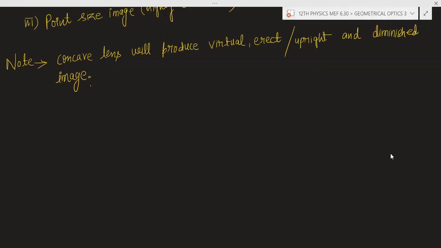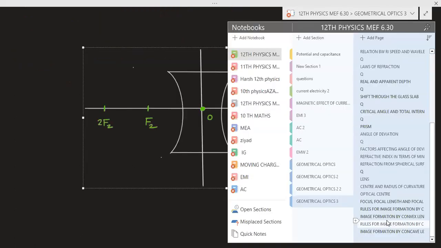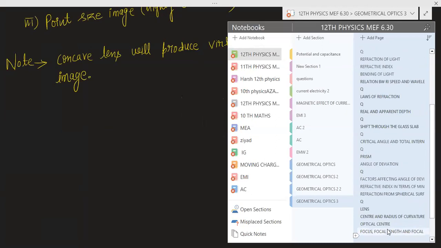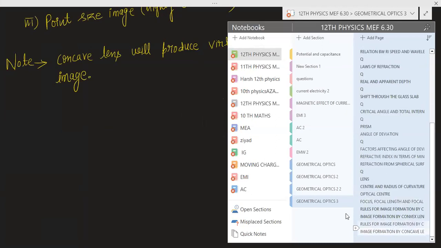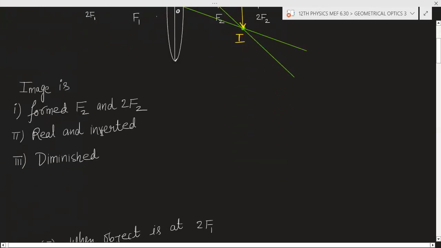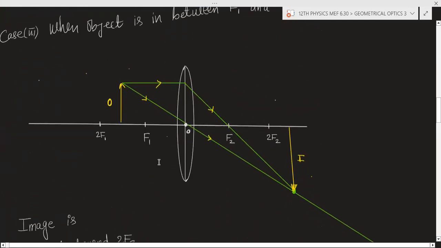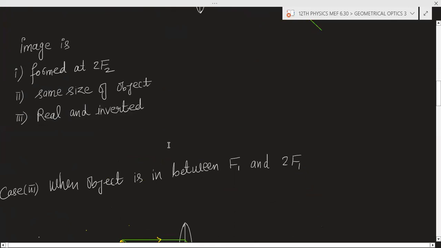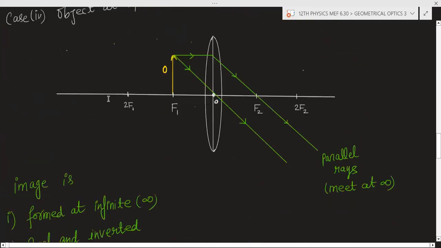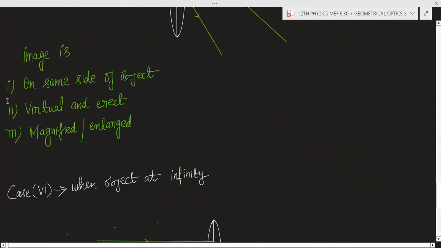In case of the convex lens, you can see there are real and inverted images, real and inverted, real and inverted, and virtual and erect.